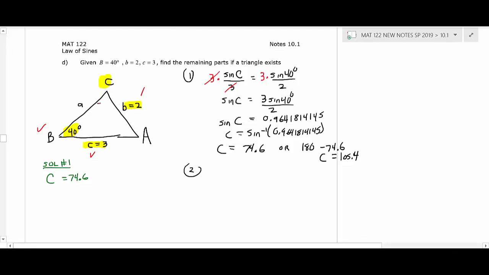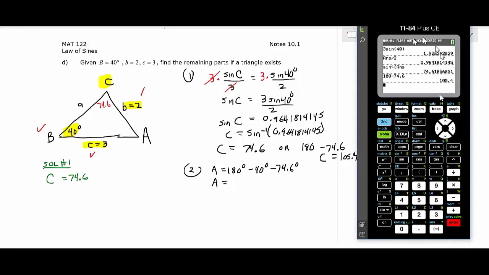So we now have that C is 74.6. So let's see, angle A is going to be 180 degrees minus the 40 degrees minus the 74.6 degrees. Okay, so that'll give us that angle, and then one more step, and then we'll have solution 1.